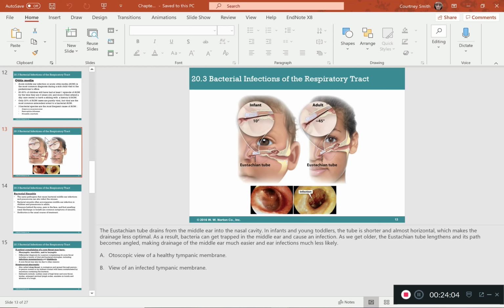I do want you to know why children are more prone to having ear infections, and the reason is their anatomy. The Eustachian tube that helps drain the canal is shorter and more horizontal in children than in adults. So they are a lot more prone to developing ear infections.